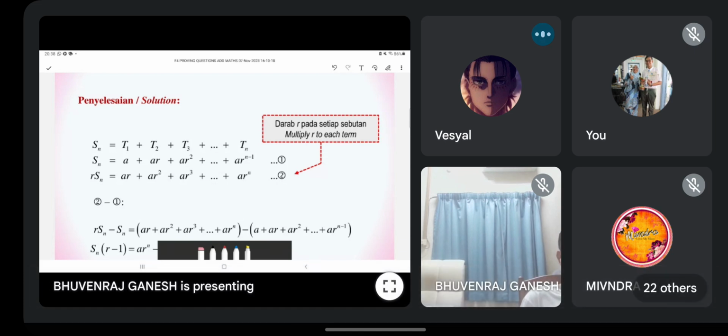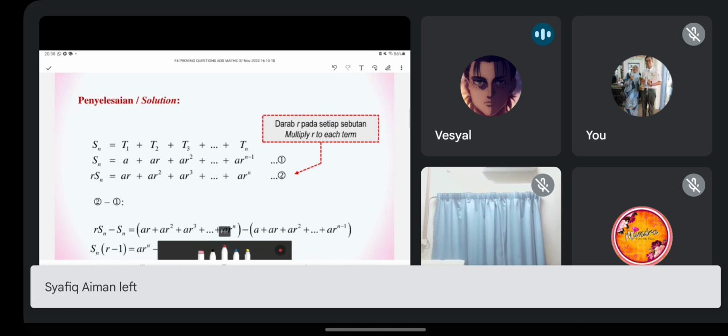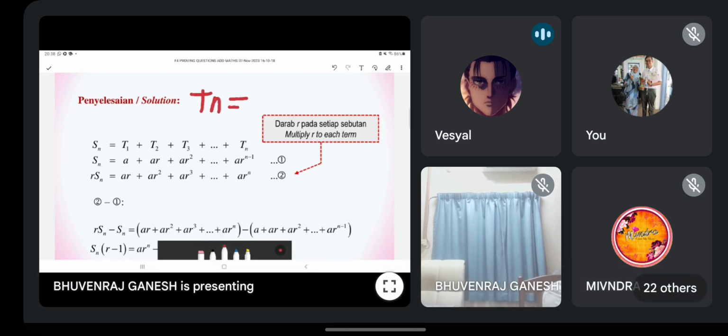T3 will be AR squared, and so on until the last term is AR power n minus 1. The important point here, if you want to solve this question, is you have to times R to both the sides. So for the left side, it will be R Sn equals AR plus AR squared, etc.